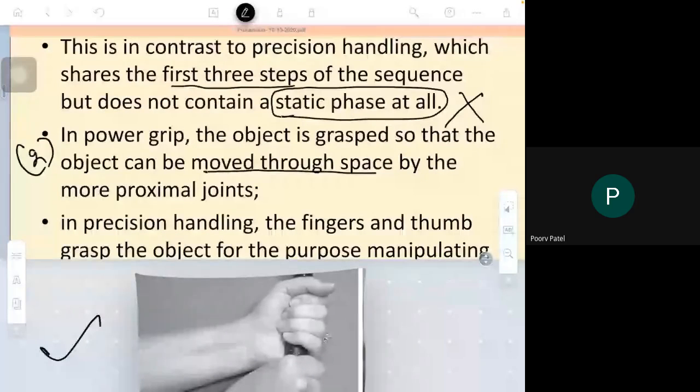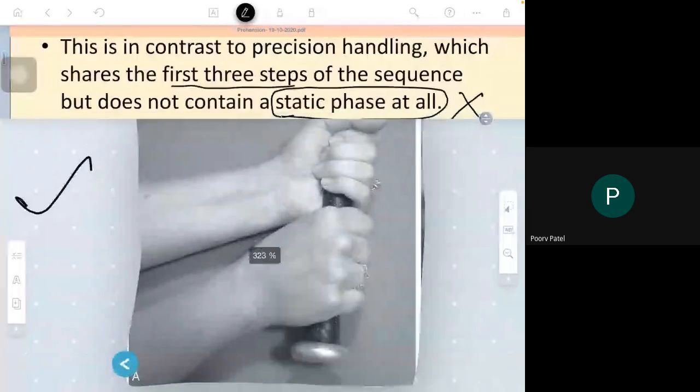After grasping, what are you going to do? You are going to move the object through the space by using the proximal joints. So what are the proximal joints here? Wrist, elbow and shoulder. These are the proximal joints.